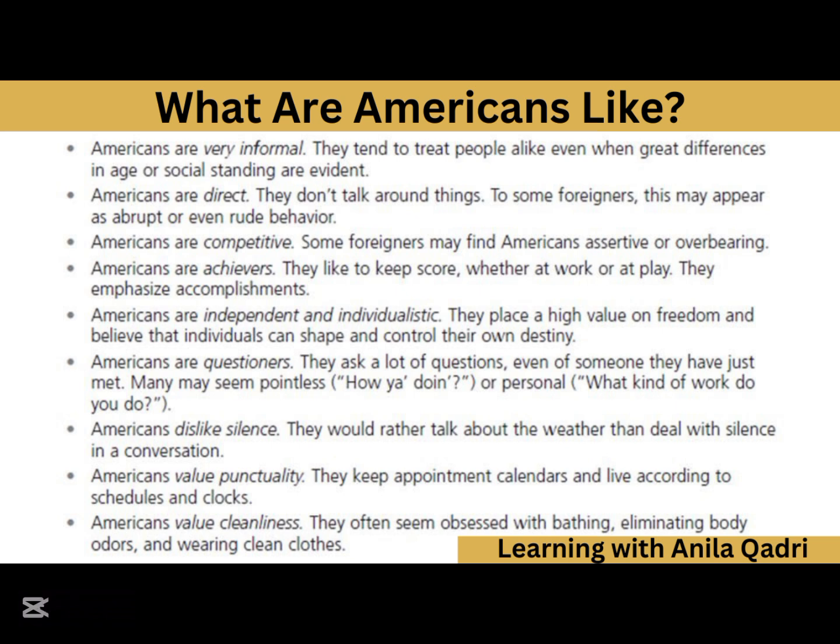Americans dislike silence. They would rather talk about the weather than deal with silence in a conversation. Americans value punctuality. They keep appointment calendars and live according to schedules and clocks. Americans value cleanliness. They often seem obsessed with bathing, eliminating body odors, and wearing clean clothes.